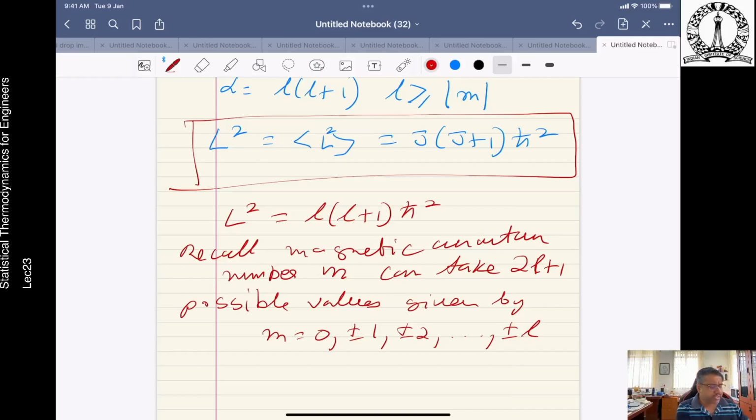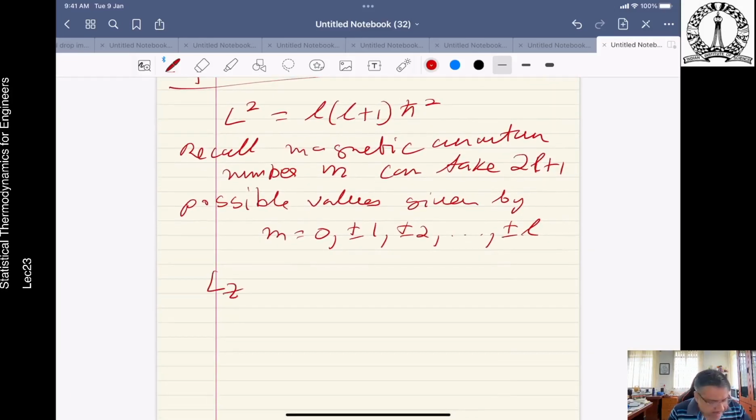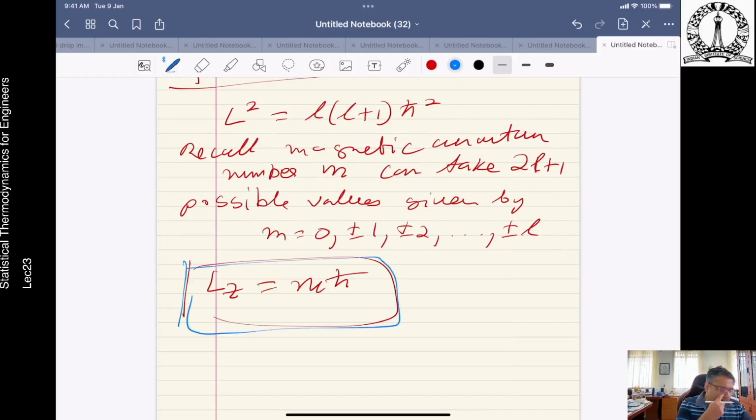Again, by using the previous forms, once again, if you recall that we defined Lz equal to m h bar, that is the z component of the angular momentum.